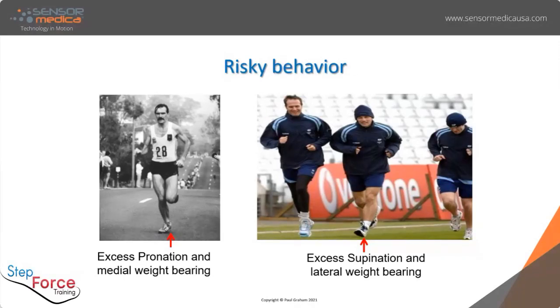And when you have, on the left of your screen, excessive pronation and on the right excessive supination, you can start to understand the at-risk behavior that's going on. So by using plantar pressure, we can quantify the risk and introduce treatments aimed at reducing that risk and then monitor their success.